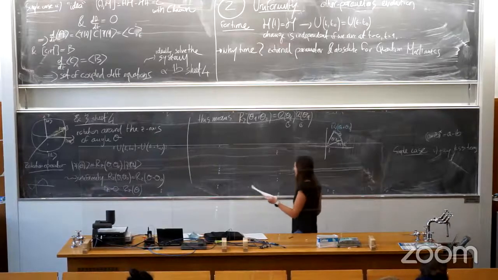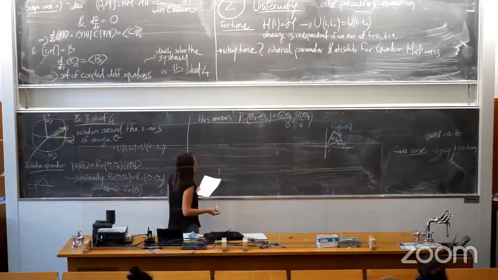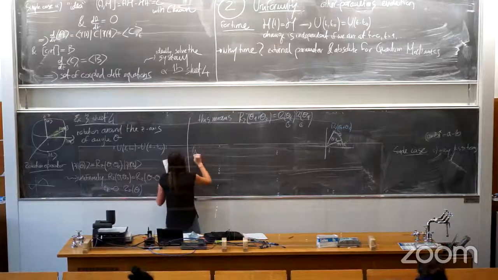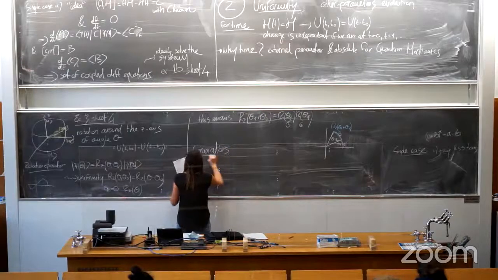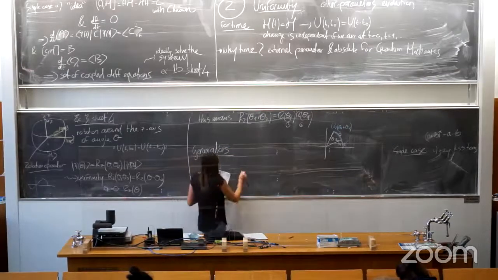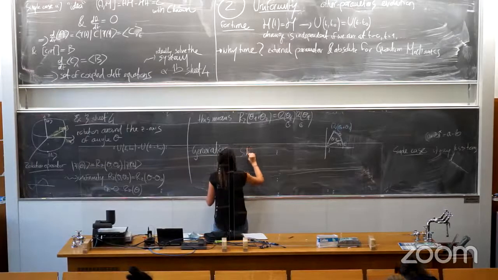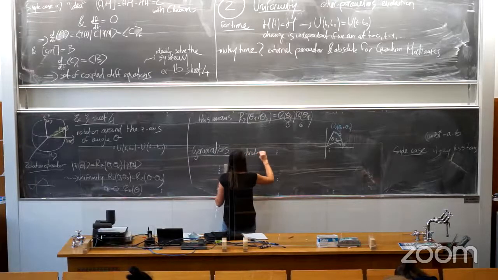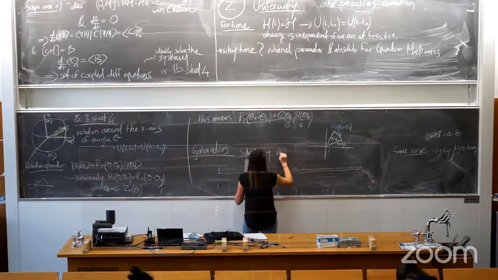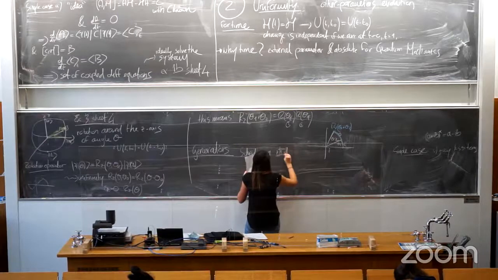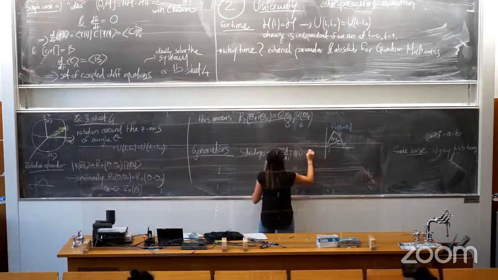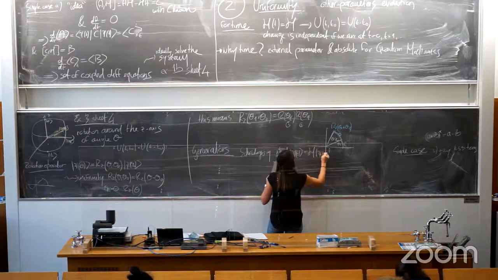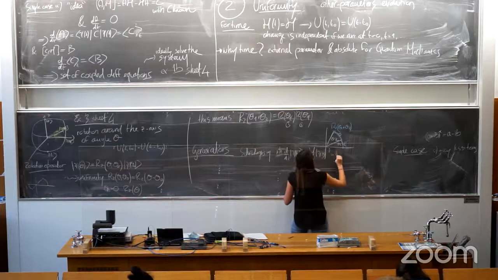And as a very last comment, what are generators? It's a term you see in the exercise. So the Schrödinger equation says that i ħ d/dt psi of t is equal to H psi of t, with H the Hamiltonian.